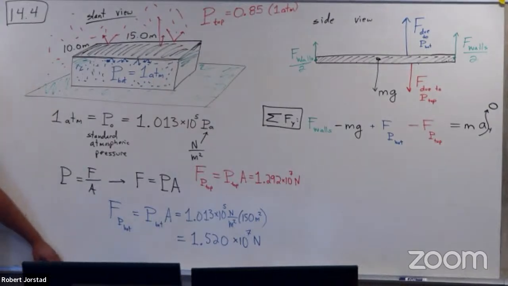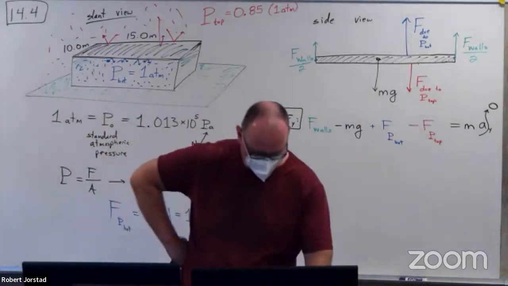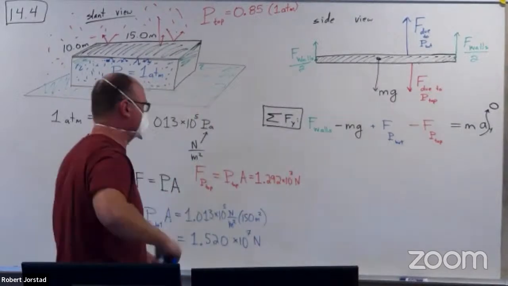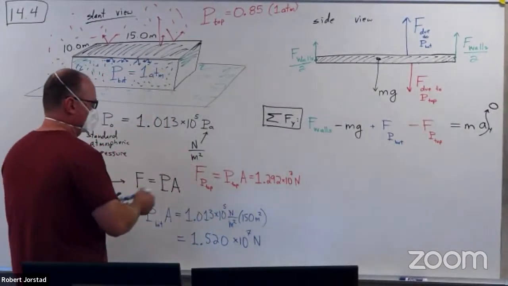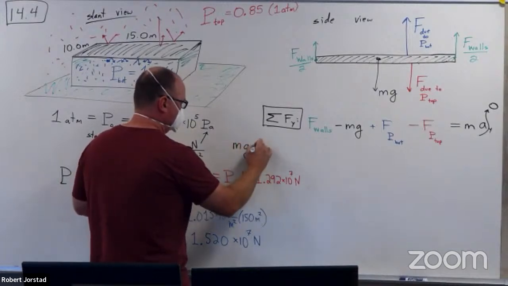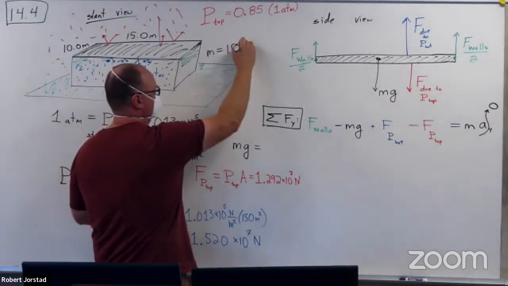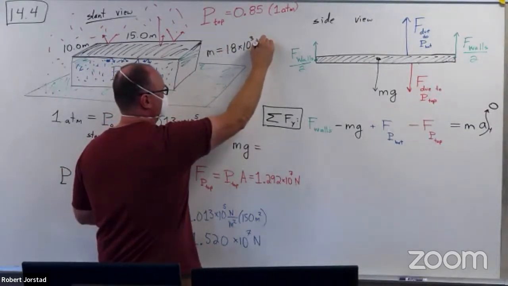The mass of this roof was what did I use? 18,000 kilograms. So let's get that done too. The mass, we're told that the mass of the roof was 18 times 10 to the third kilograms.